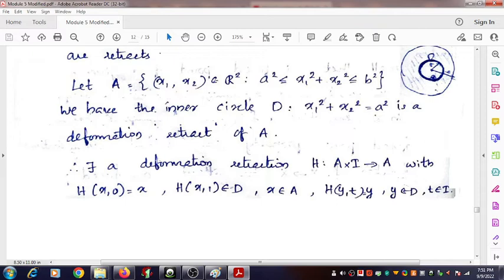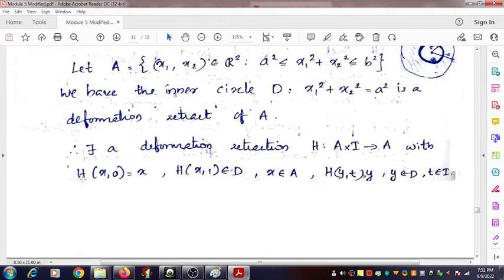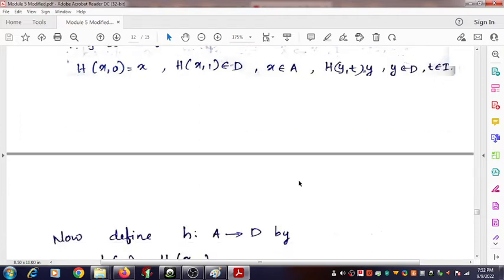There exists a deformation retraction, because D is a deformation retract of the space A. So there must exist a deformation retraction H, which is defined from A × I to A, with the property that H(x, 0) = x, and H(x, 1) is an element of D for all x belonging to A, and H(y, t) = y, where y is an element of D, for the points y belonging to D, and also t is an element of I.